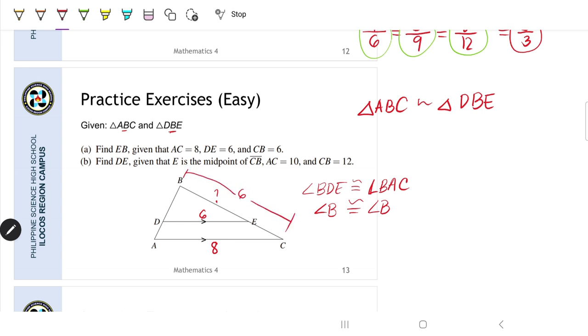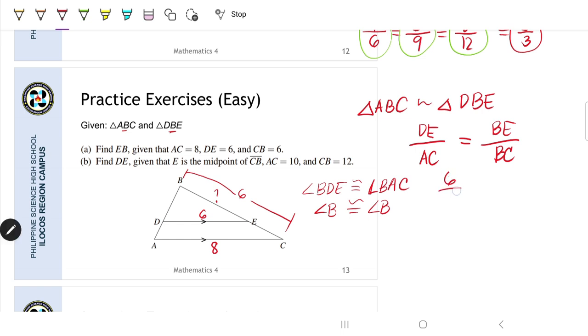Okay? So by the proportion of corresponding sides for triangle ABC, we can say that DE over AC is equal to BE over BC. So ang ginawa ko dito, the ratio of the smaller triangle all over the bigger triangle.